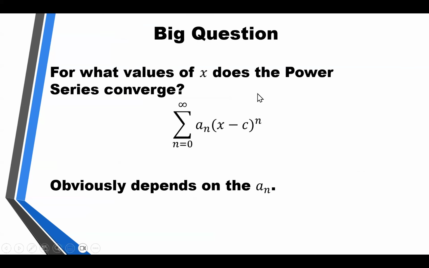And basically that second option means this part is going to be a more important growth than this part. The x minus c to the n is going to be a less important type of growth than the growth involving the a sub n's.